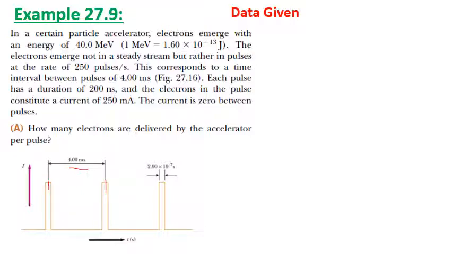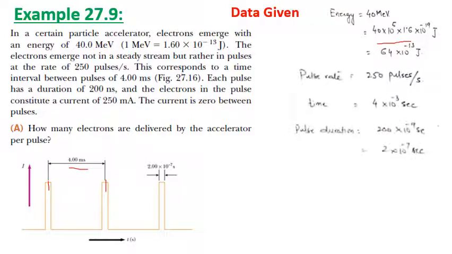The time taken is 4 milliseconds. So the given data is energy, that is 40 mega electron volts. I have converted it into joules, and the procedure adopted is this.